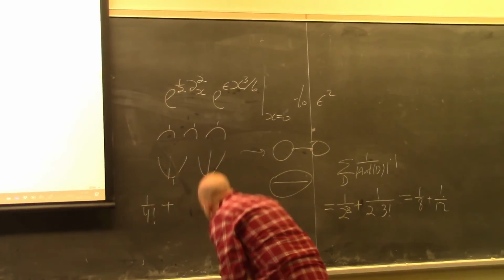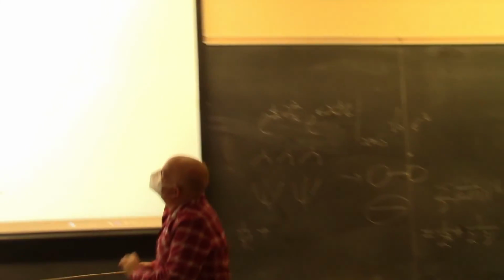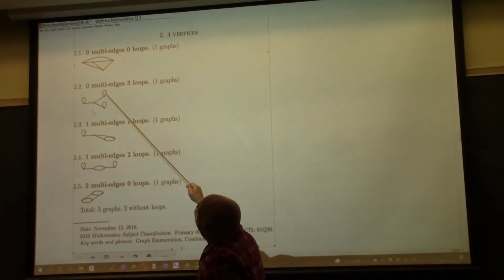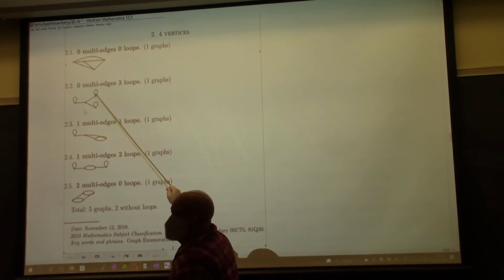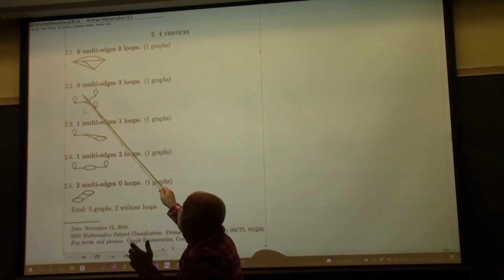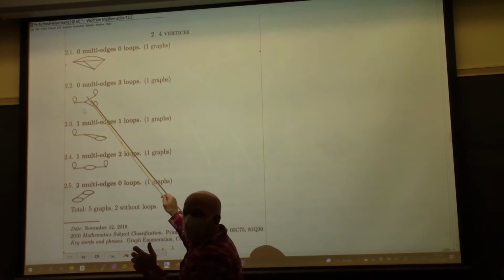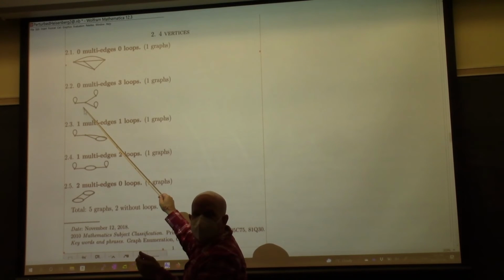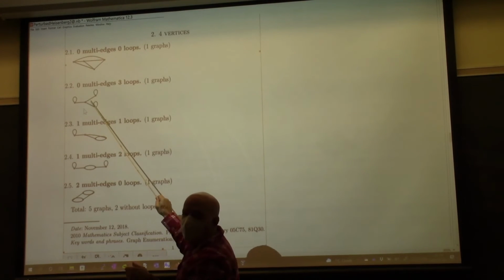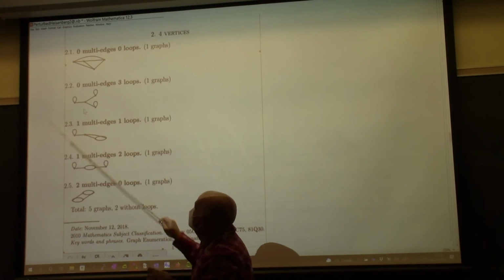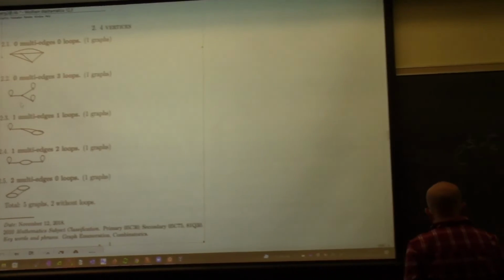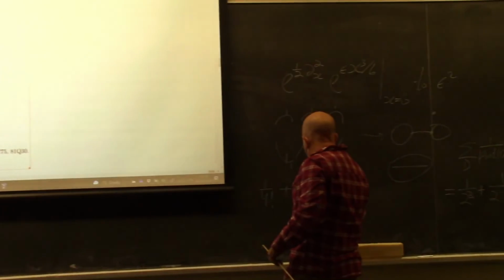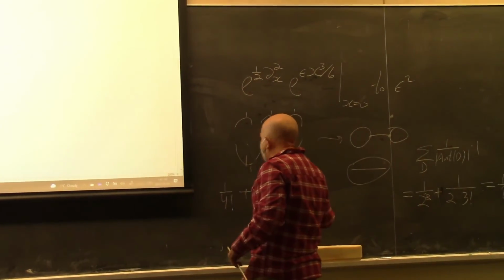For the next one, in the automorphism group, each of these little loops can be flipped. So that's 2 cubed. And then there are 3 factorial ways of ordering the 3 edges that come out of the center. So this is plus 1 over 3 factorial 2 cubed, plus.